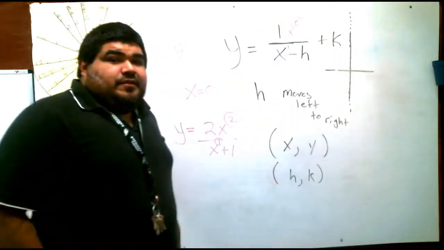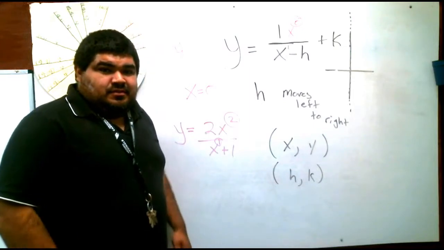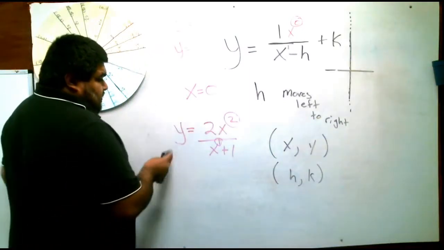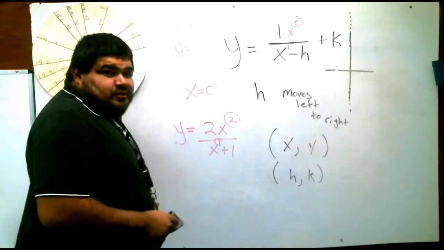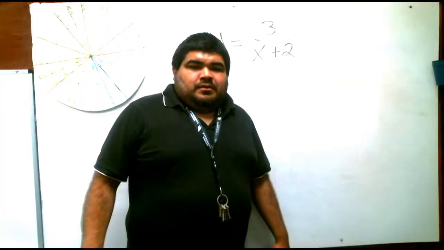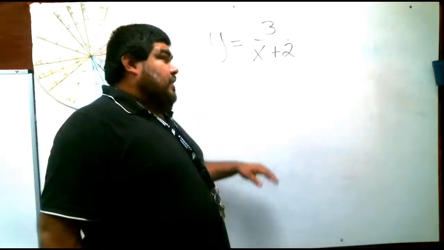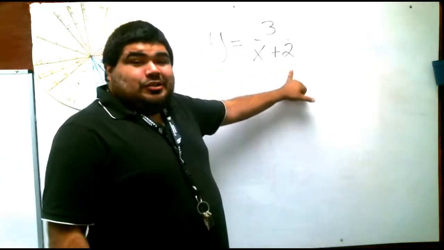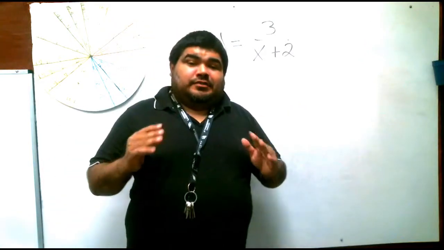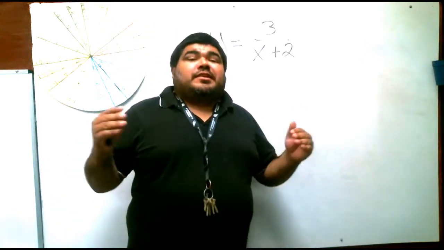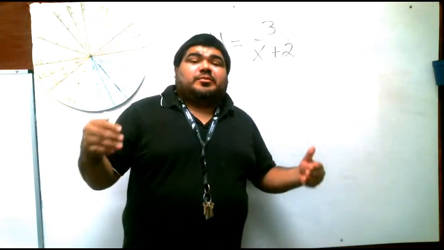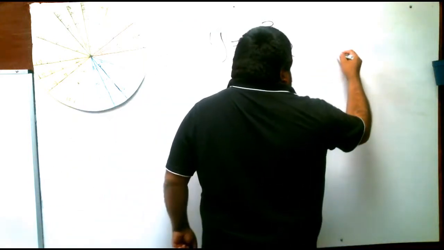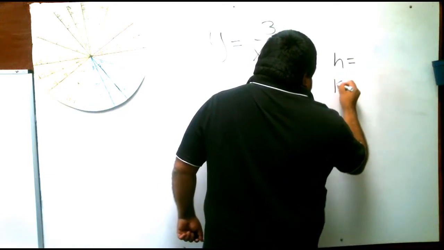Now that you guys know the very basic stuff of this, let's erase it. Make sure you guys have it on your notes. Alright guys, so here's the problem for today. We have y equals 3 over x plus 2. The very first thing we're going to do is find out where our asymptotes are located, our h and our k.